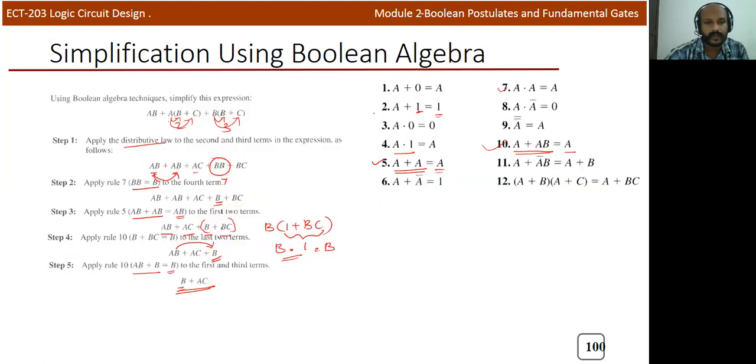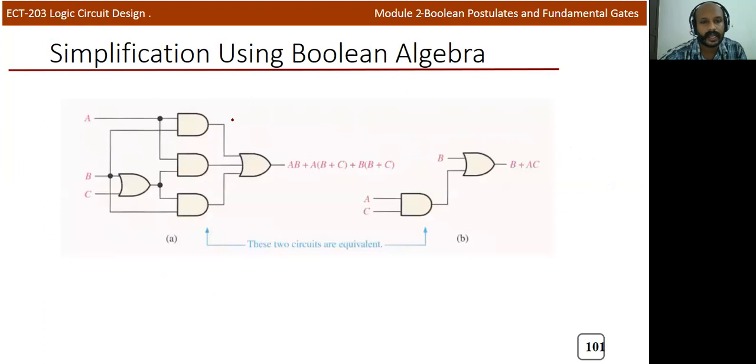Okay. So now we can see the question actually contains many factors, and if you draw the logical diagram of that particular function, here you can see that. So this is AND gate. So here you'll get A, and this is B variable. So it is AB, and the second AND gate gives you A here, and there is an OR operation. So one input is B, another one is C. So you'll get B plus C here.